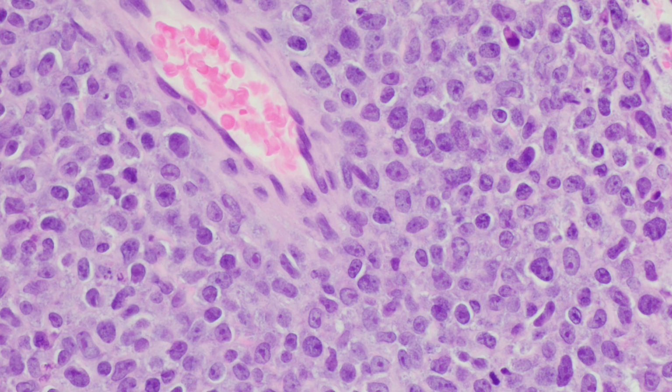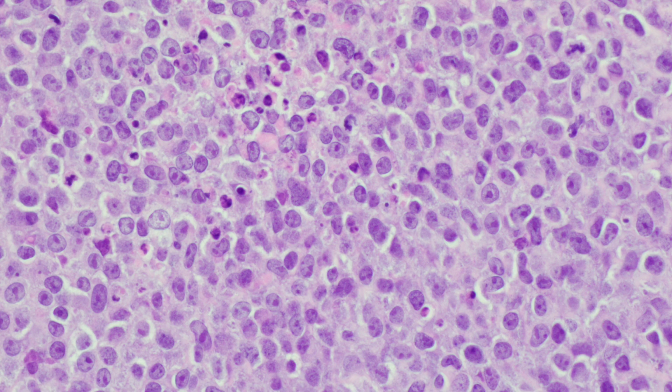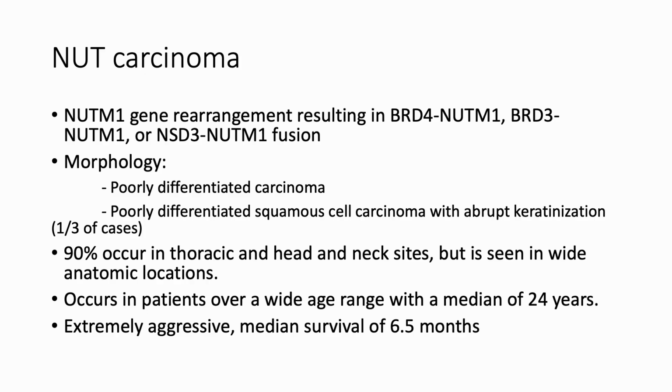The differential based on morphology only would include carcinoma, sarcoma, melanoma, and lymphoma. Numerous apoptotic bodies and mitoses are present. NUT carcinoma is defined by NUTM1 gene rearrangement, most commonly with BRD4, BRD3, or NSD3.